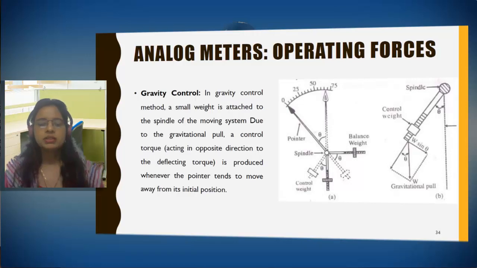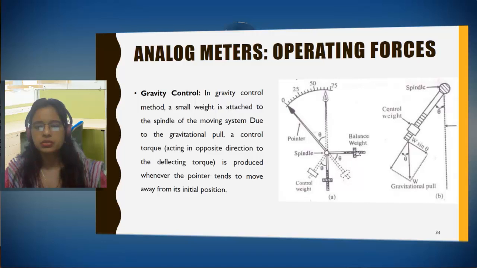Gravity control, what does it mean? It is related to weight. Whenever gravity comes, it is understood that some mass, some weight will come. So in gravity control, one mass is connected with the pointer.